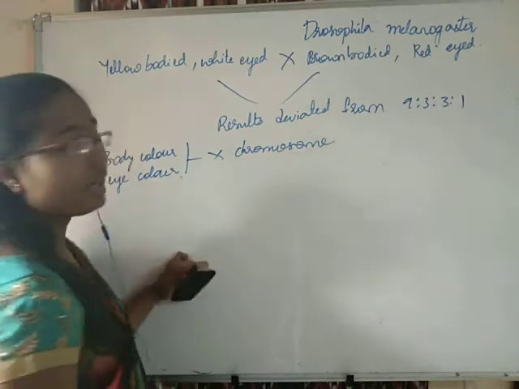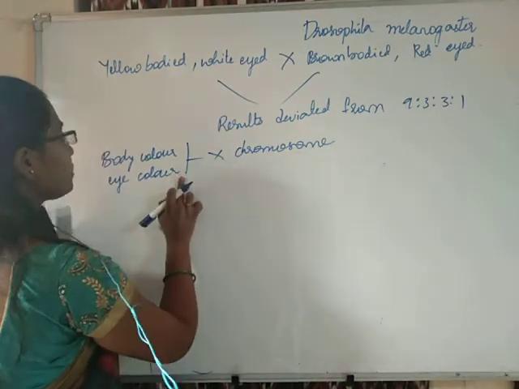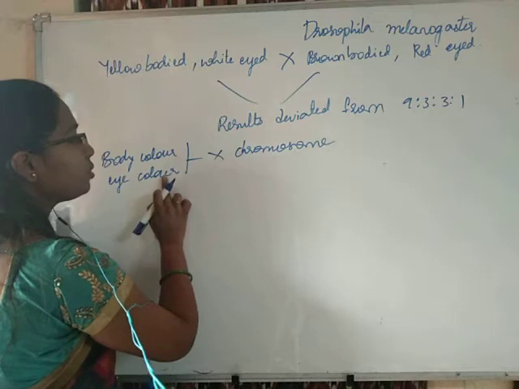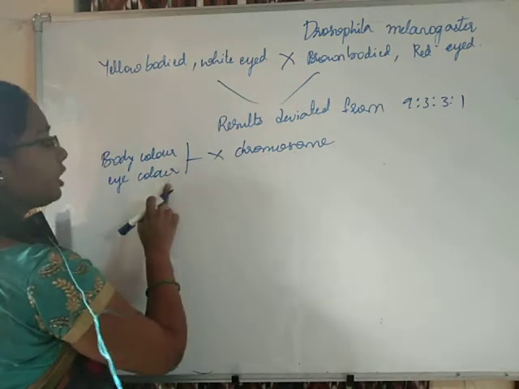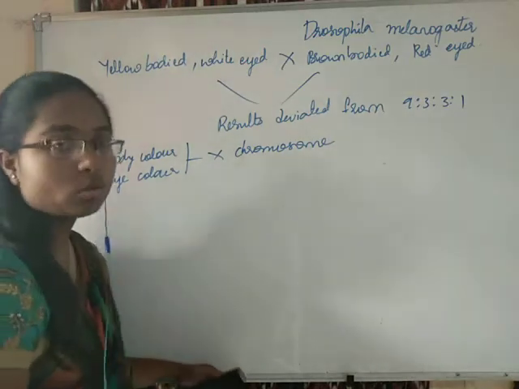It was observed that the genes for both body color and eye color are present on the X chromosome only.